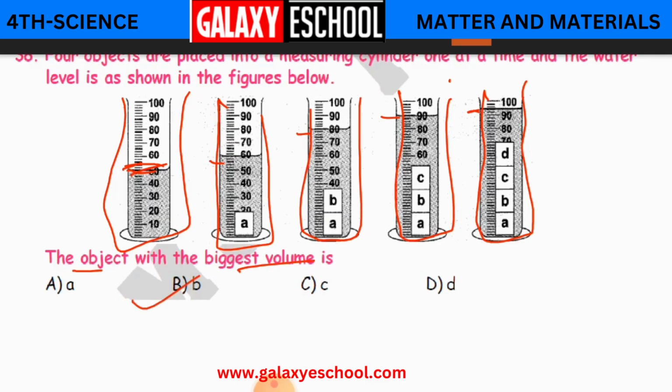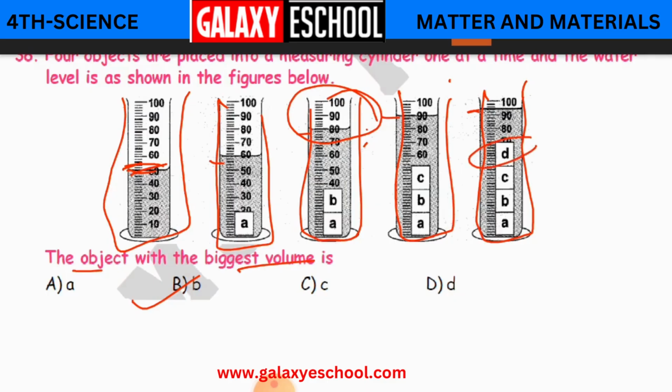Why? Because when you dropped B, the water level was 80. For A, it was something around 60s. When you dropped B, it went from 60 to 80, that is 20. But when you dropped C, from 80 to 90, that is only 10.